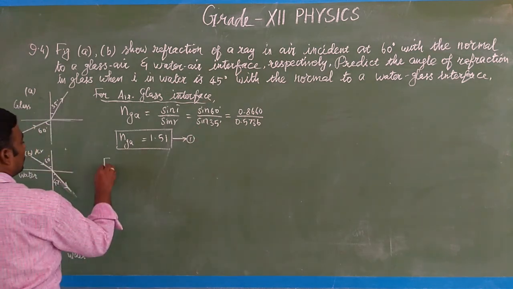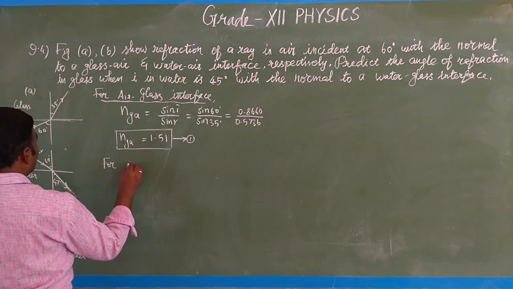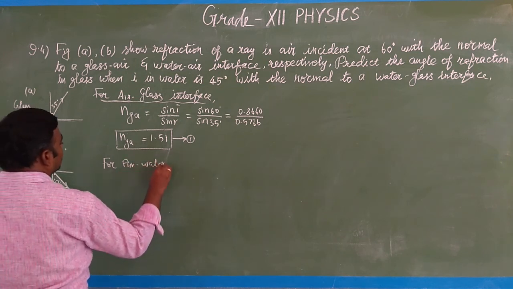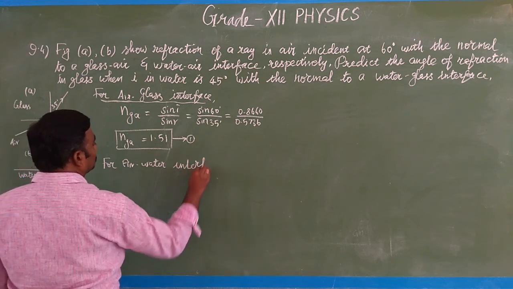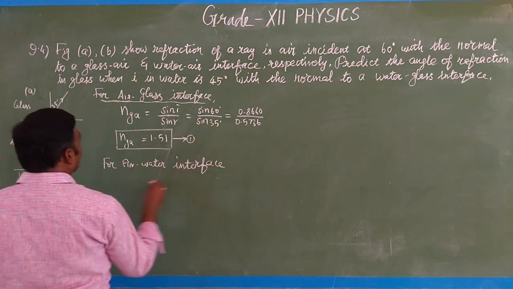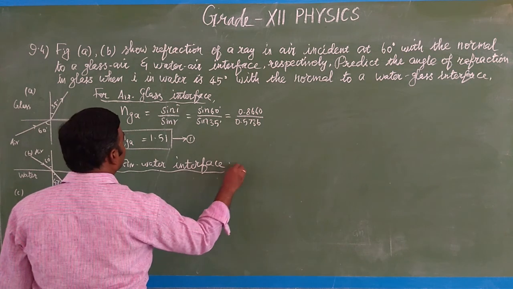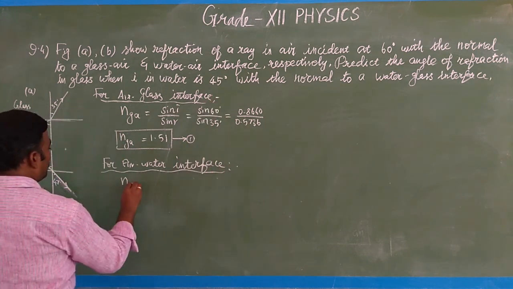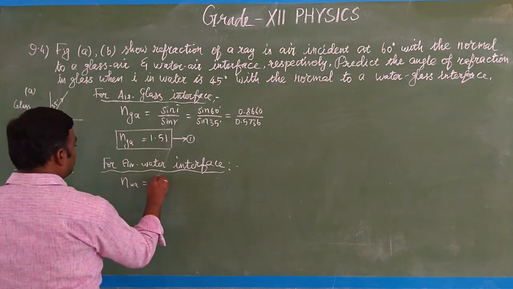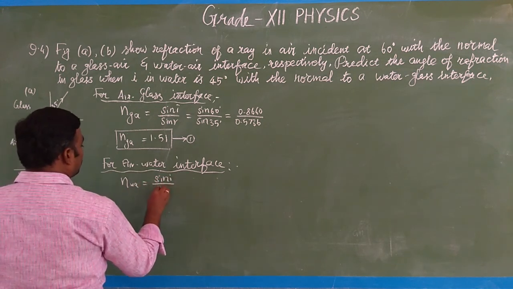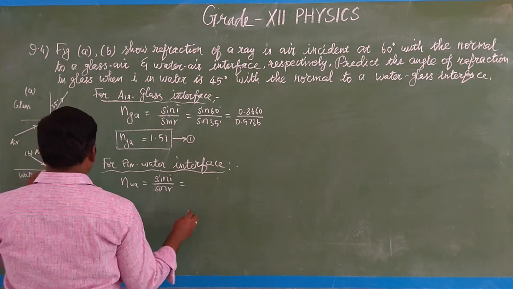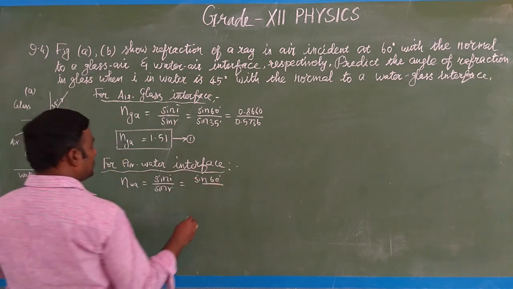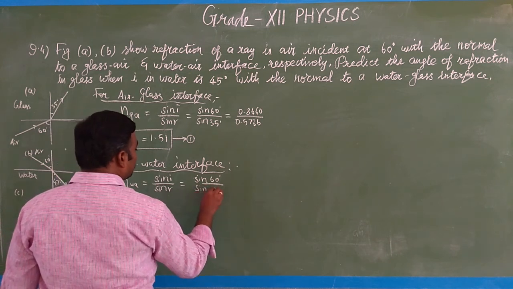So for the air-glass interface, we found this value. Similarly, for the air-water interface, we can find the refractive index. That is, the refractive index of water with respect to air is equal to sin i by sin r from Snell's law. So sin 60 degree divided by sin of the angle of refraction, 47 degree.